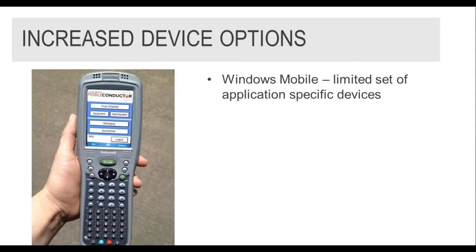So as we move on to our next topic of increased device options, if you think about what we had with Windows Mobile, it was a pretty limited set of devices. We worked primarily with our partners, Intermec, Honeywell, and others that offered ruggedized devices utilizing the Windows Mobile operating system.